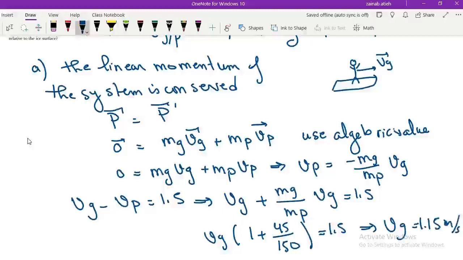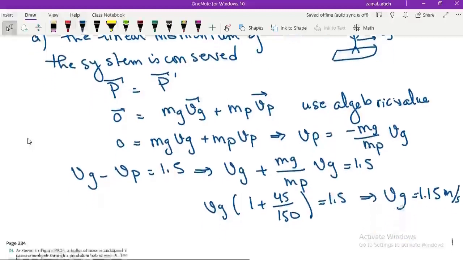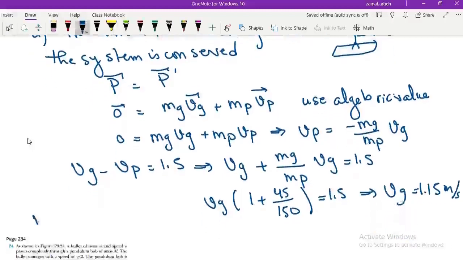So this is the speed of the girl. After finding the speed of the girl, now I can find the speed of the plank. So part B, the speed of the plank, it's equal, as you can see, to minus mg over mp vg.